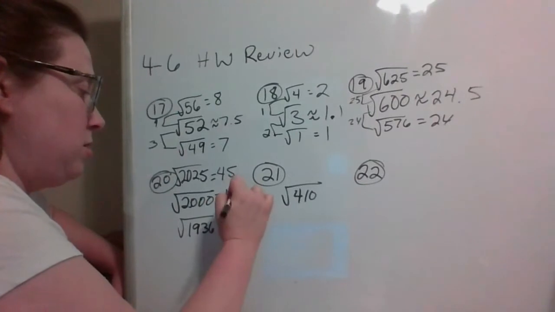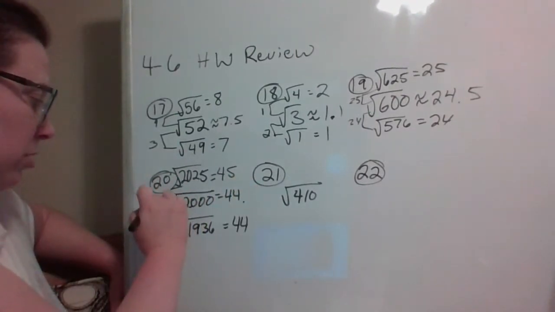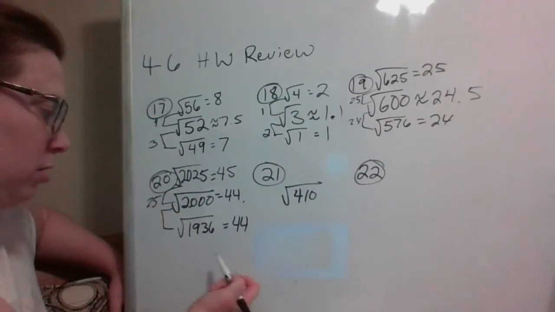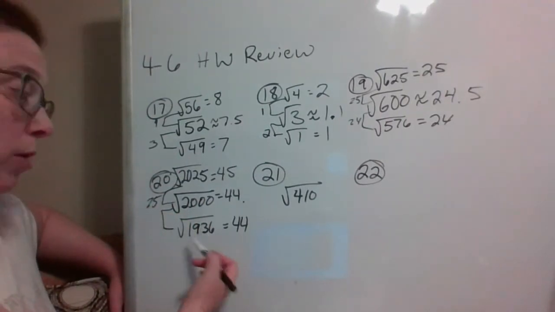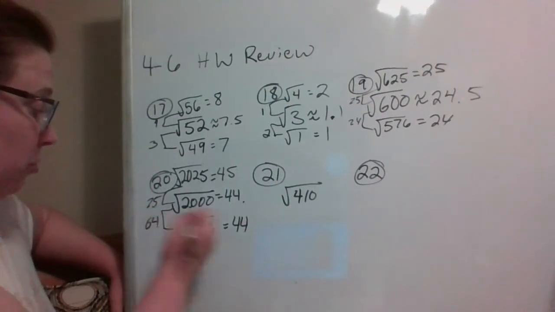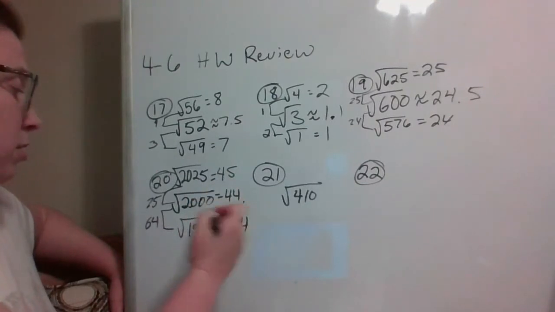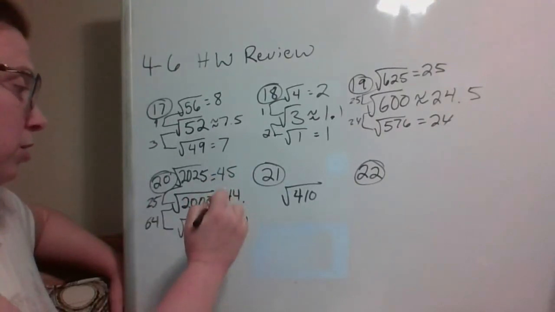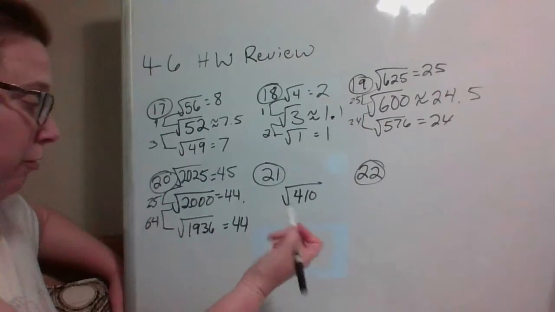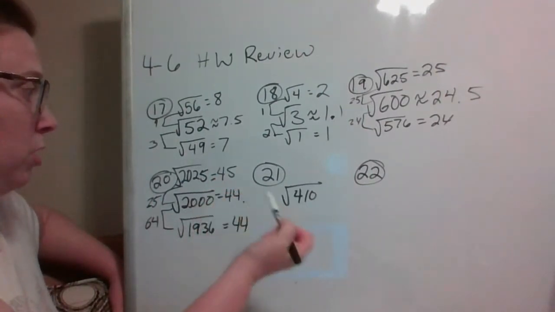And then this is going to be 44. These are 25 apart, and these are way more than 25 apart. They're 64 apart. So that means that this is going to be way closer to 45 than it is to 44.